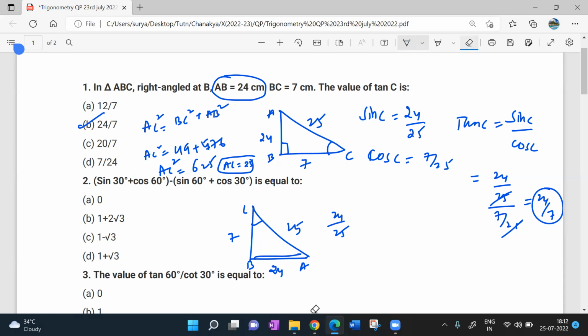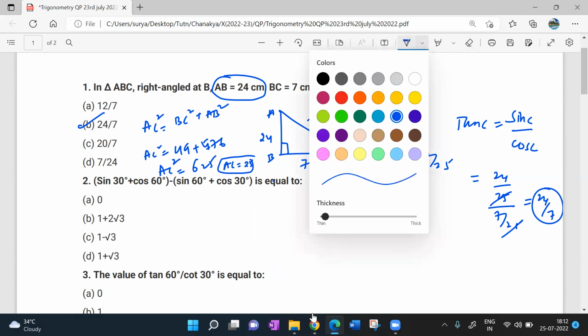Same only, right? What is opposite here? 24 by hypotenuse. Okay, students. Got it? Simple.